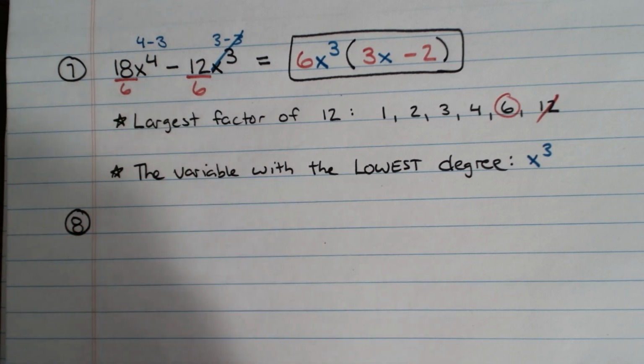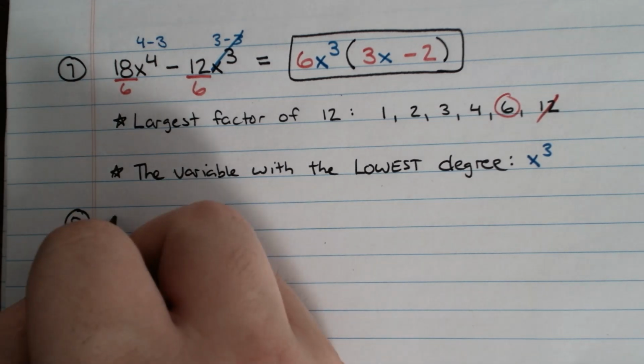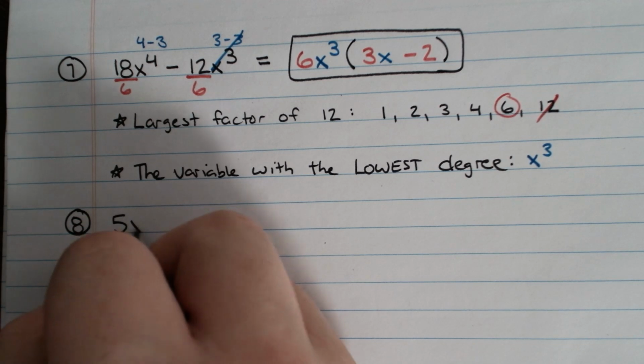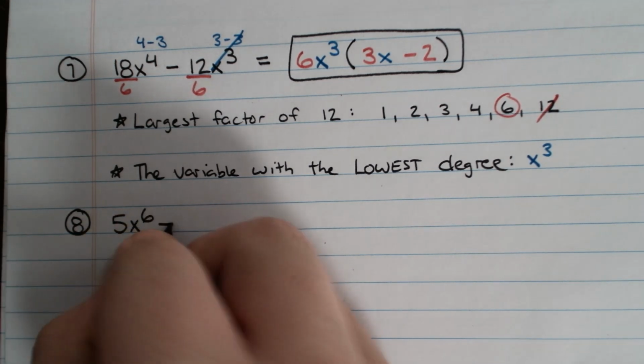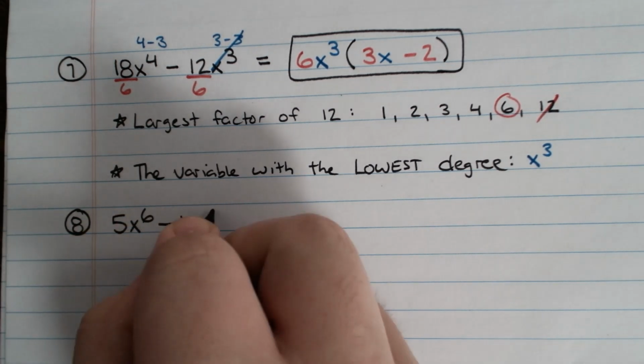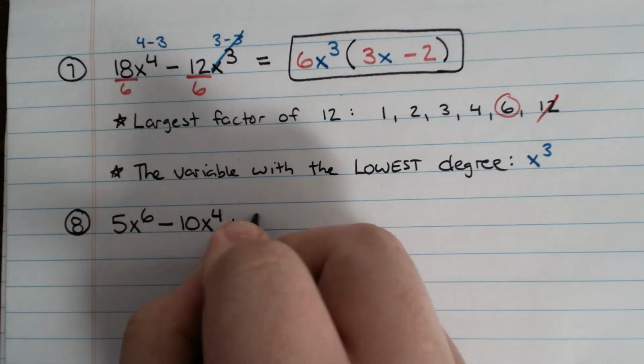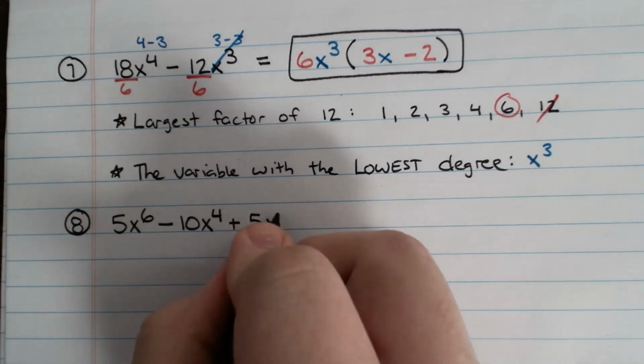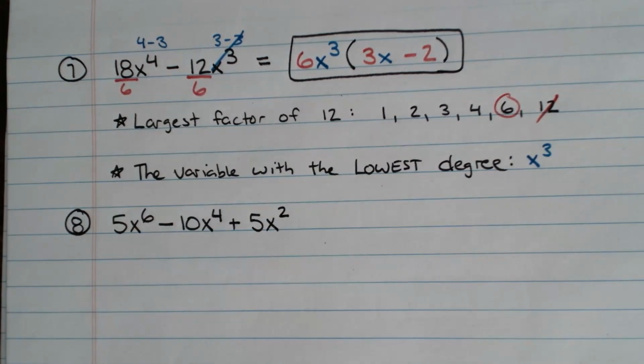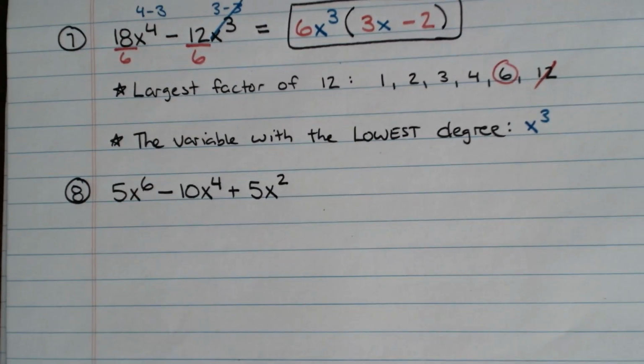I want to do 2 more examples together, okay? (5x to the 6th minus 10x to the 4th plus 5x squared).